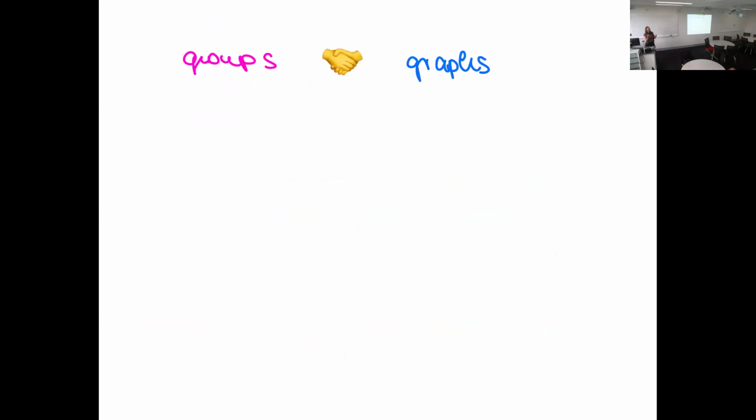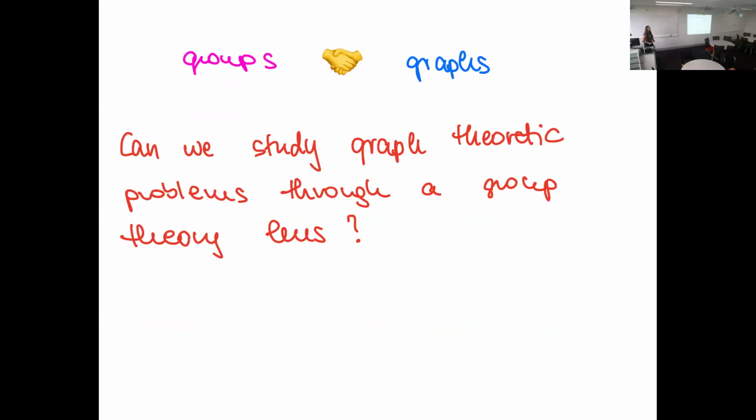So in some ways, groups and graphs are maybe kind of the same. So can we study some graph-theoretic problems through a group theory lens? So you have a graph theory problem, it's very fun, but maybe you like groups more, and then can you just study it like that? So I'll show you an example where you can.